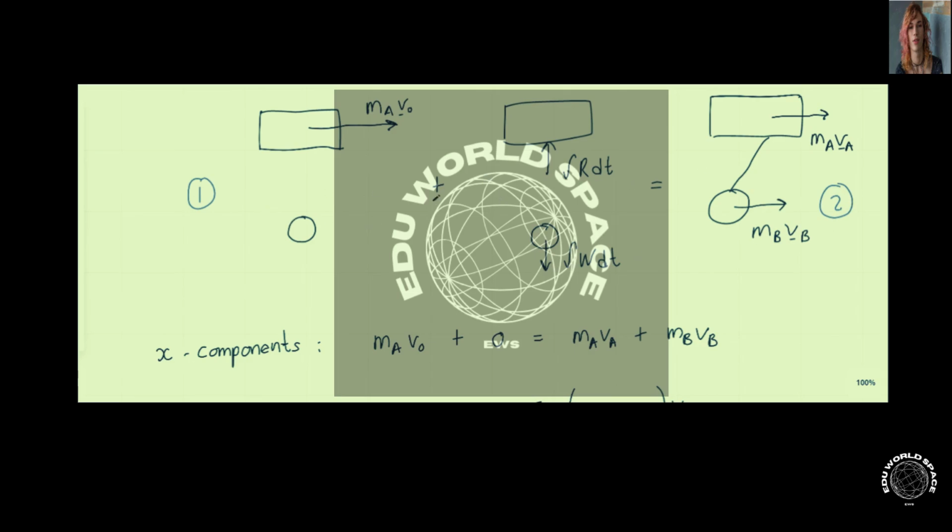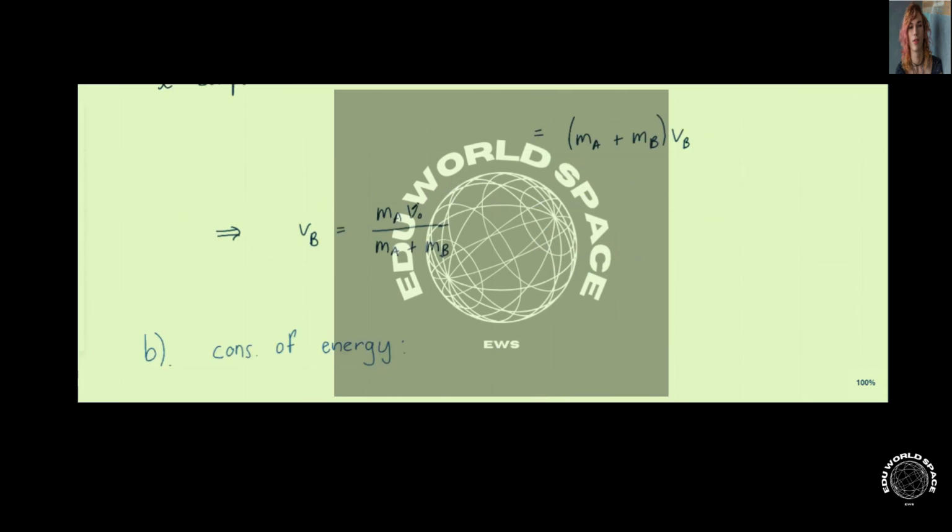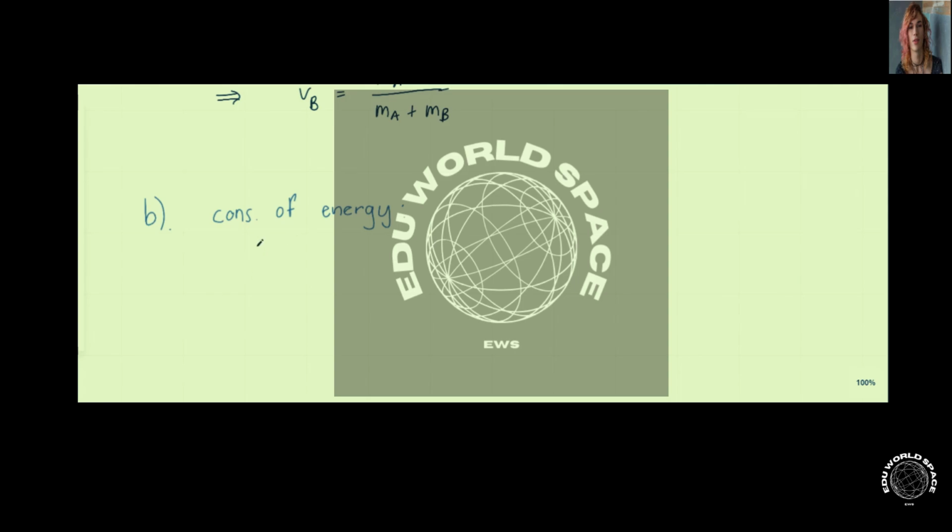So energy needs to be conserved between these 2 points. So let's find the energy at point 1. The kinetic energy is due to that of the cart, since the ball is at rest. So that's a half ma v naught squared. That's the definition of kinetic energy. The potential energy at this point is 0.